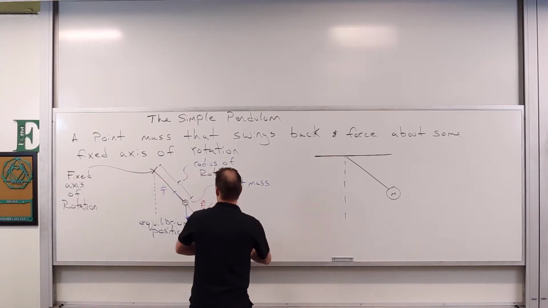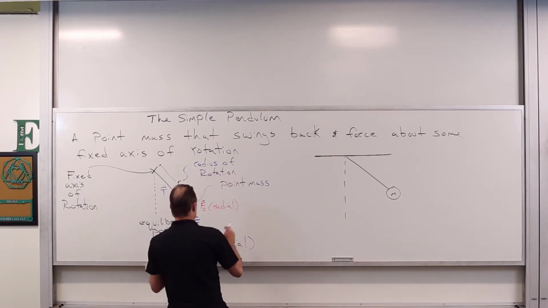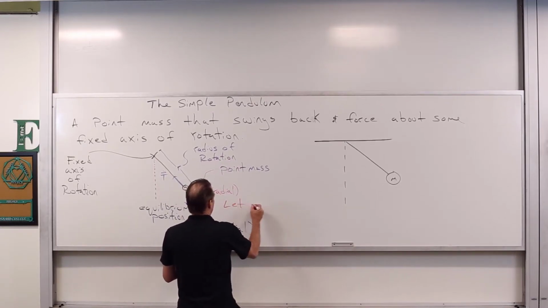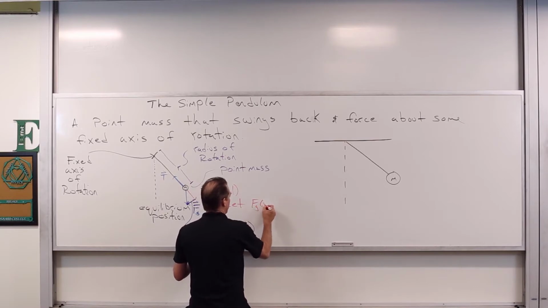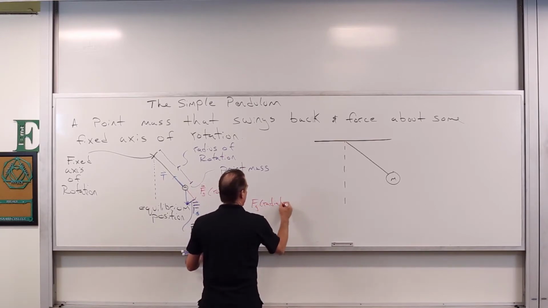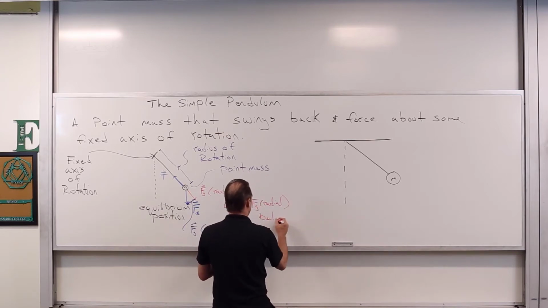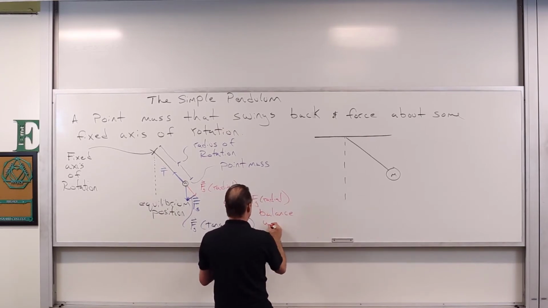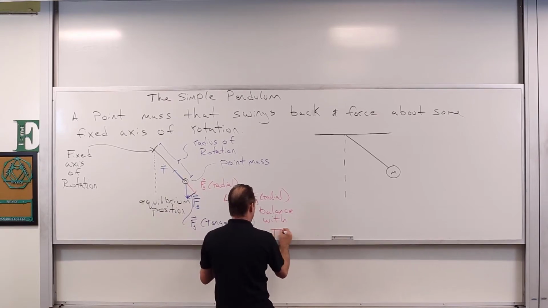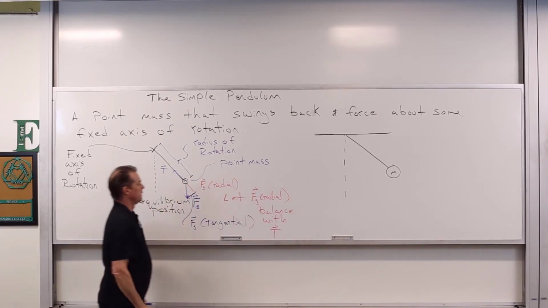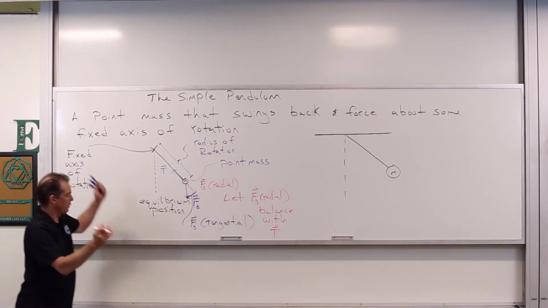So I guess we can write that over here really quick. F sub G radial balances with T hat. So that's it. Again, they add up to be equal to 0.